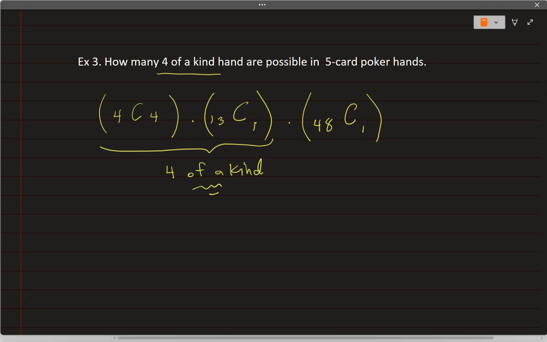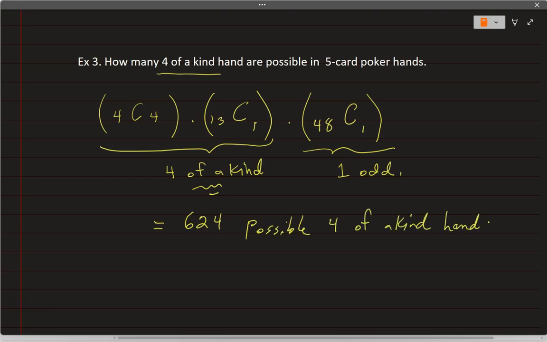And then the last card is that one odd card that is at the end. All right, so you go ahead and multiply, and you will end up getting 624 different possible 4 of a kind hands. That's what you will get.